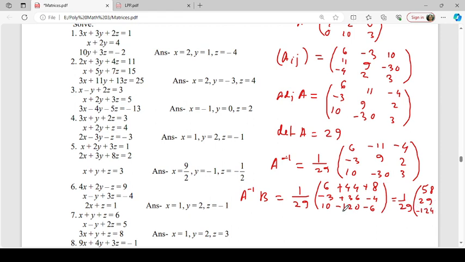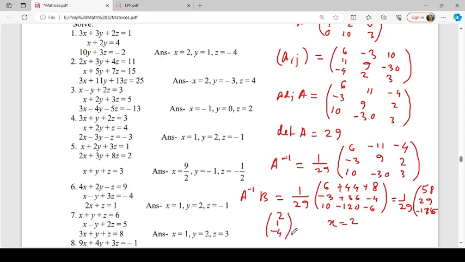Oh, sorry, it is 118. 1 minus 120 plus 4 is 116. So the answer is 2. Then our vector is 2, 1, minus 4.